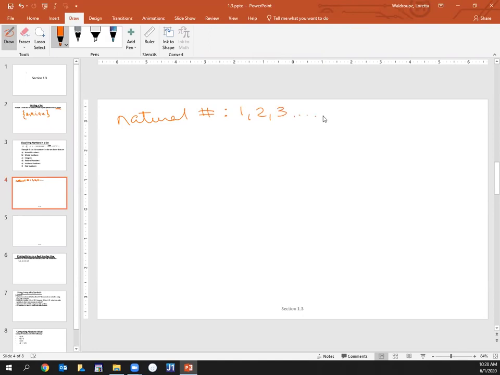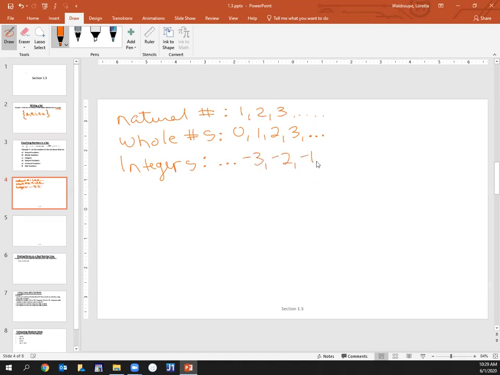And then we have the whole numbers, which are the natural numbers plus 0. And then we have integers, which is the positive and negative whole numbers.